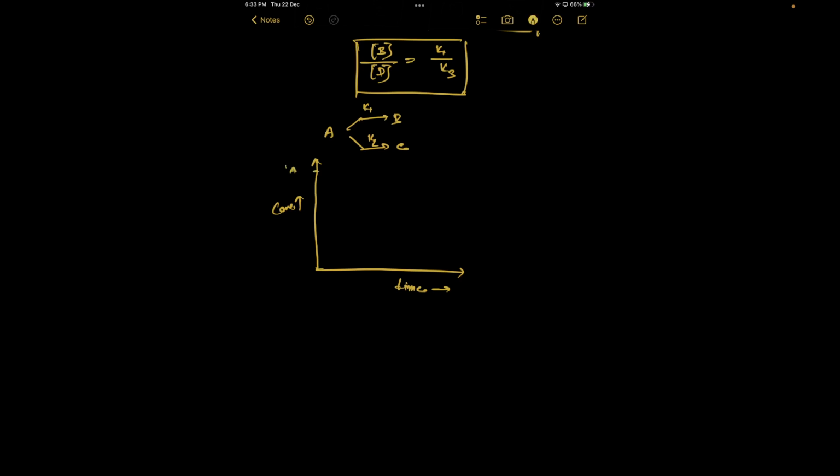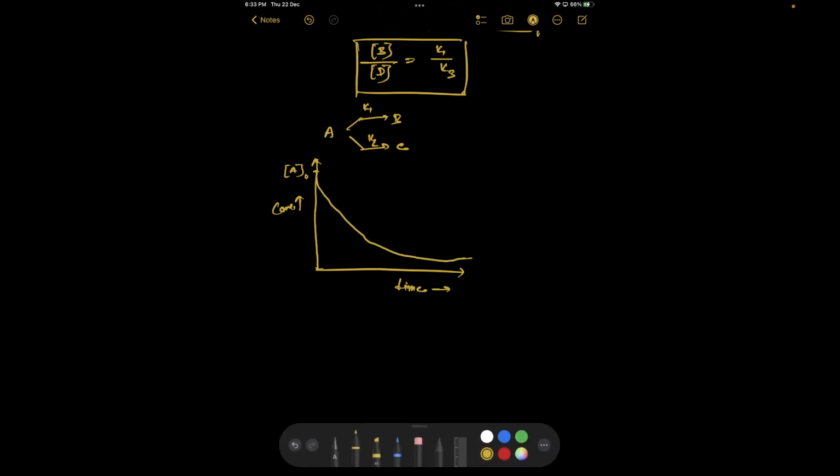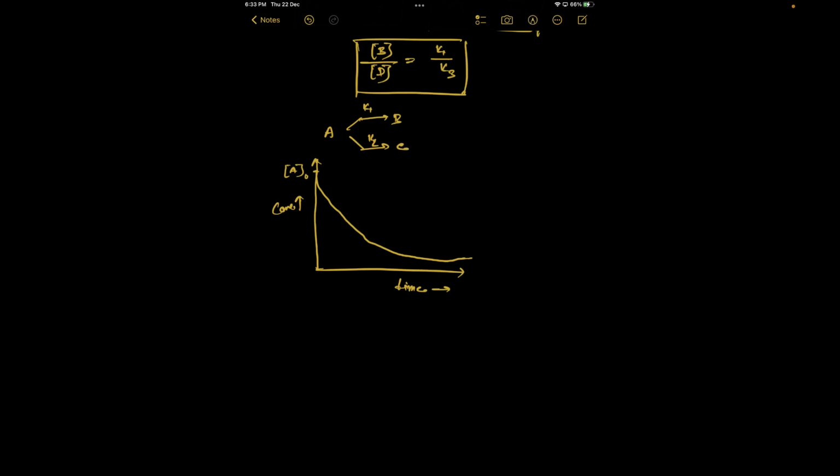With time the concentration of A molecules will decrease, right? The concentration of B and C molecules will form through different reaction pathways.